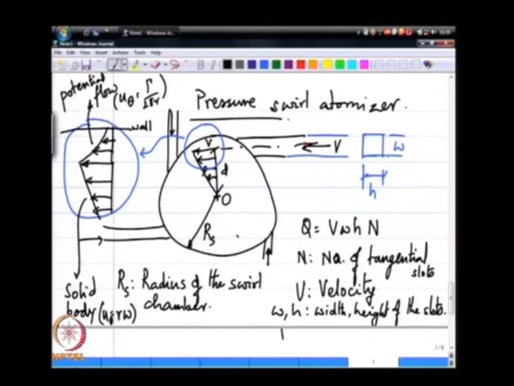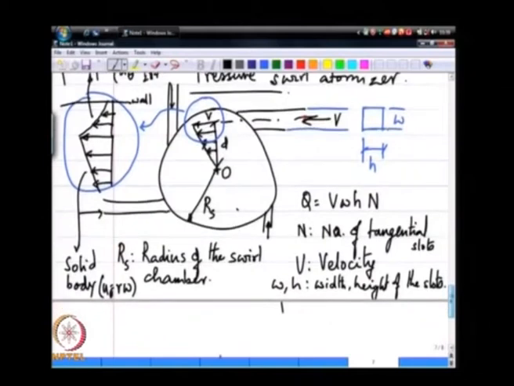In reality, as you go close to the wall, you also have a boundary layer, that is due to viscous effects. So, we will try to stay away from that for now. We will look at viscous effects in an empirical fashion a little later on.